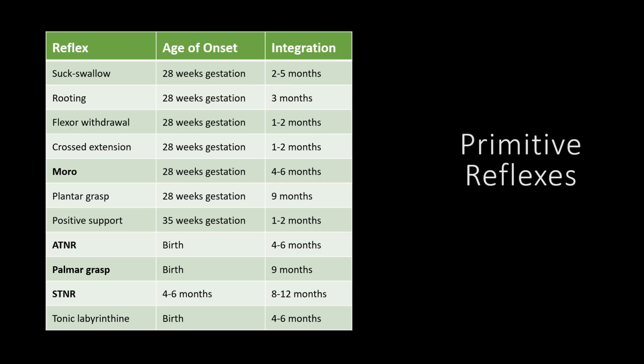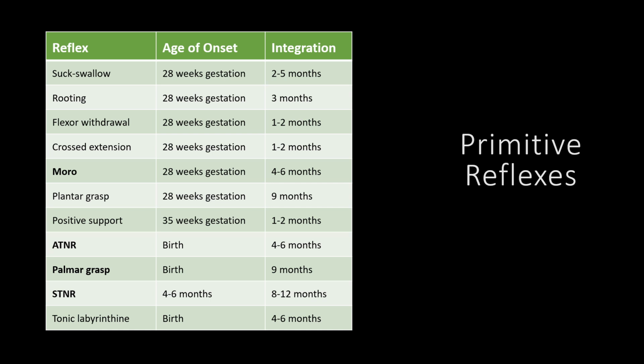Looking at our primitive reflexes. These are things that we are born with, or they start while we are in the womb, and they should integrate. What it means to integrate is that they go away. They no longer present as a normal response. But until the age of integration, these reflexes are normal responses. So these are ones that we're going to want to be familiar with in our pediatric population when we're looking at developmental age.